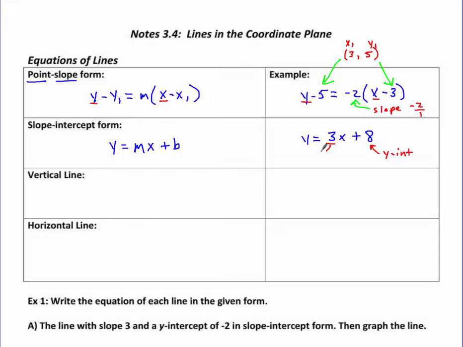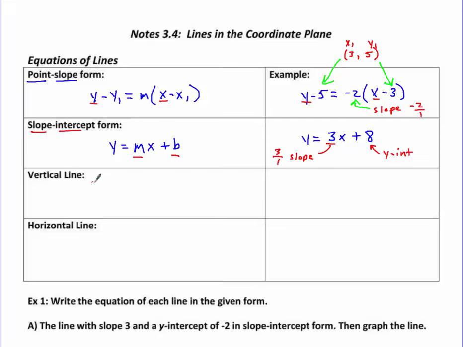And this number, 3, is the slope, so that's up 3 over 1. It's called slope-intercept form because when you look at the equation, you can see the slope and you can see the y-intercept. You don't have to do any work to find those.